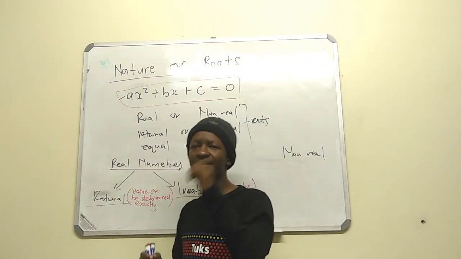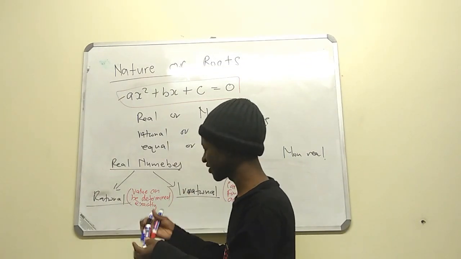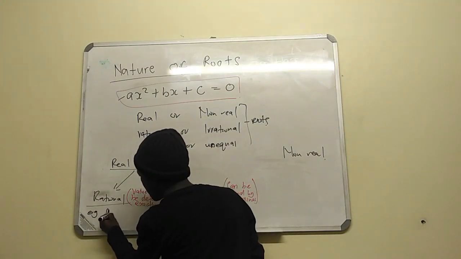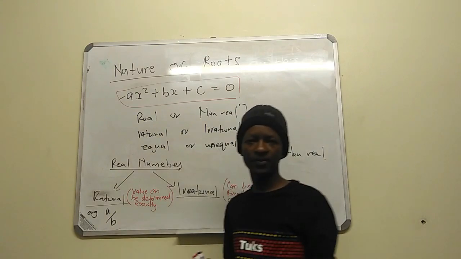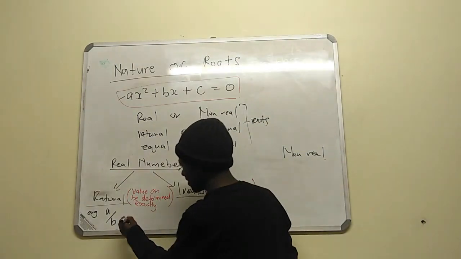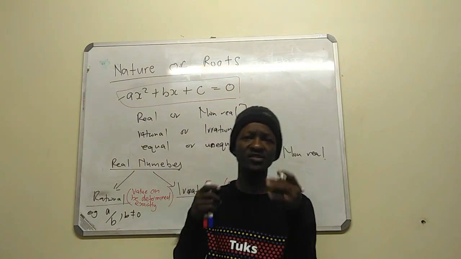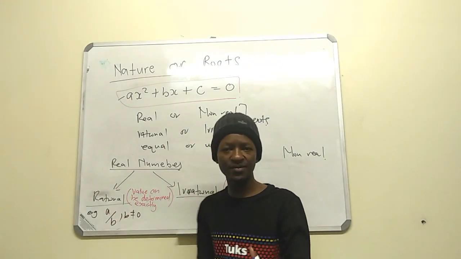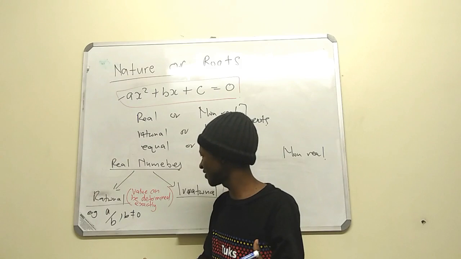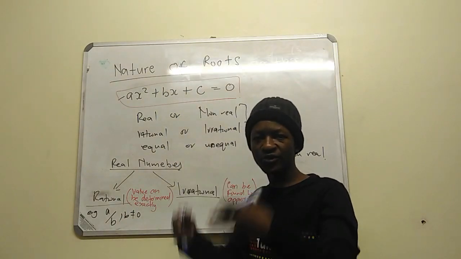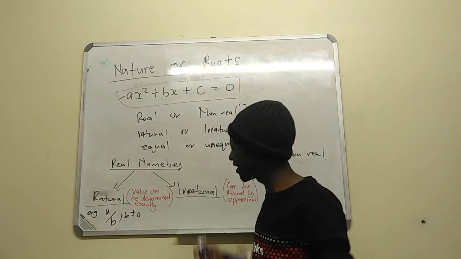Rational numbers are numbers that can be written in the form of a over b. But bear in mind that b cannot be 0, because if b is 0, then the number becomes undefined, so we cannot find it. So rational numbers are the values that can be determined exactly.